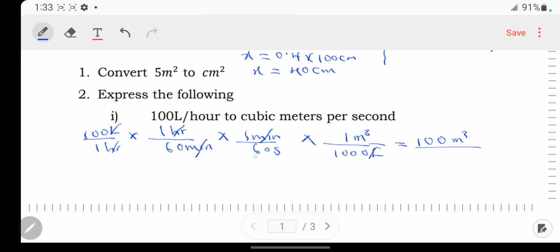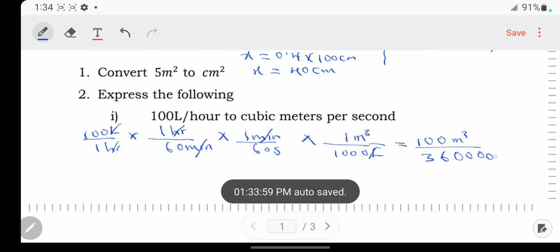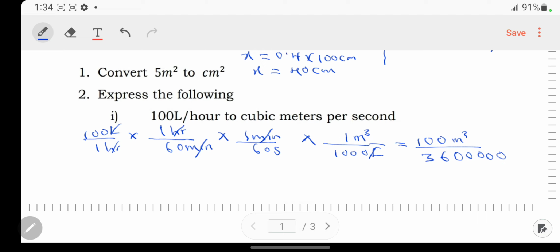Over, when we multiply 60 by 60, it's 3600, by 1000, so we have 3600 by 1000, which will give us 3,600,000. Now when we divide 100 by this value, we have 0.00028 meters cubed per second.